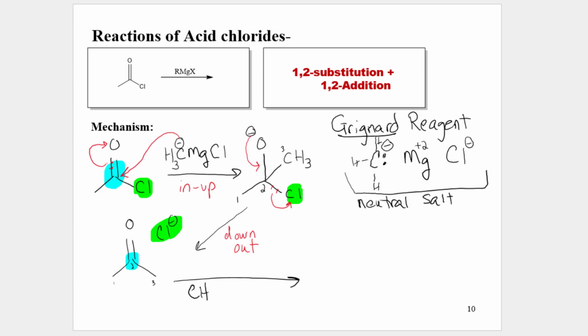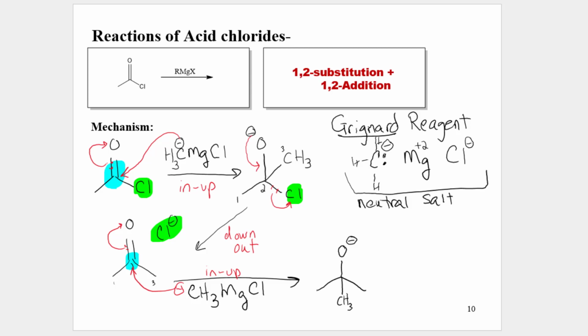So let's just keep going because we can. The negative carbon attacks the ketone again, and the pi bond breaks, and it undergoes another in-up reaction. Just keeps going till it can't go no more. So I added another CH3, just like the others.